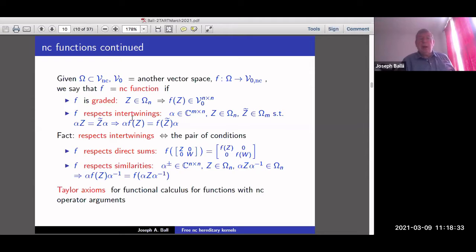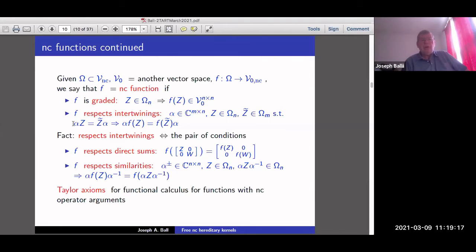And it should respect intertwinings. So if alpha is M by N over C, Z is N by N over V, Z tilde is another point, which is M by M over V, then alpha Z equals Z tilde alpha makes good sense, where you're using that V is a module over C. And alpha F of Z and F of Z tilde alpha make perfectly good sense because of the right size, but now you're using that the vector space is V naught, so you need this identity.